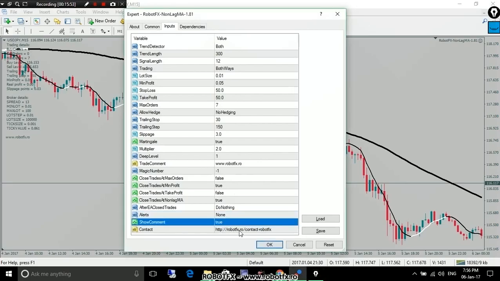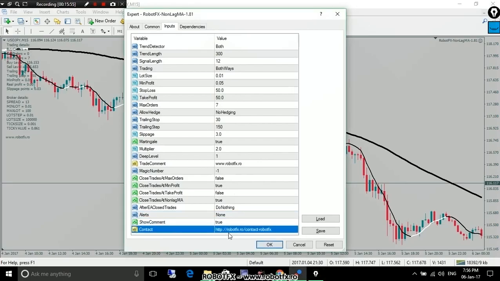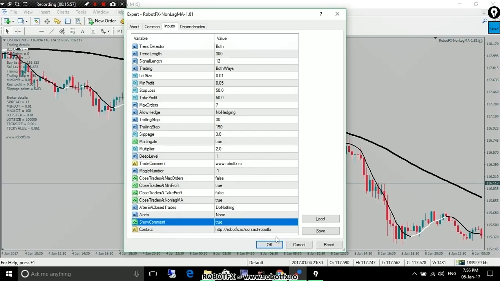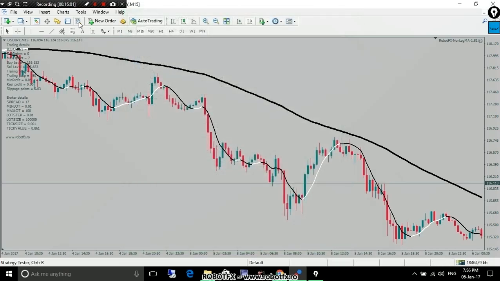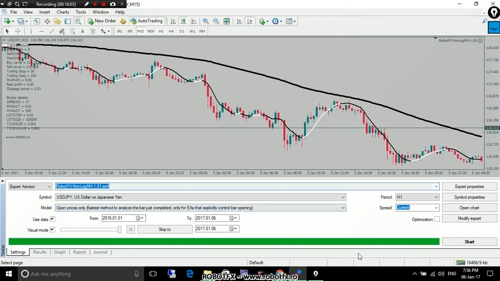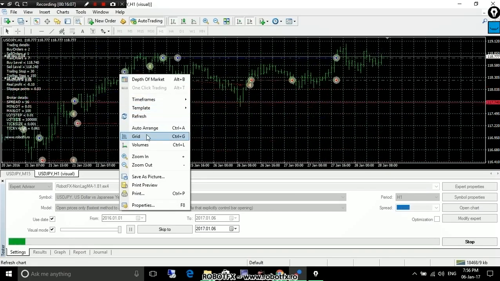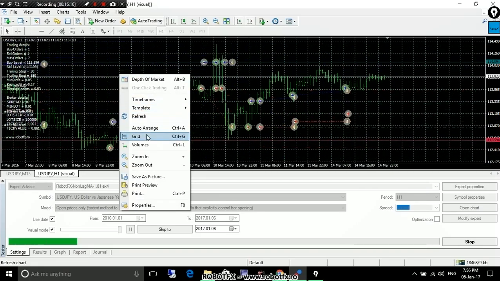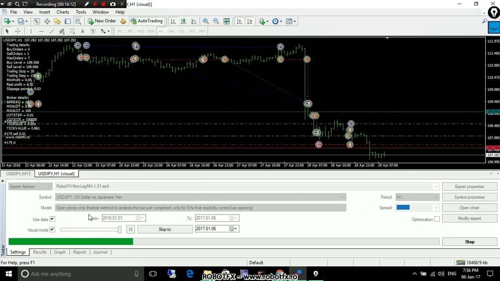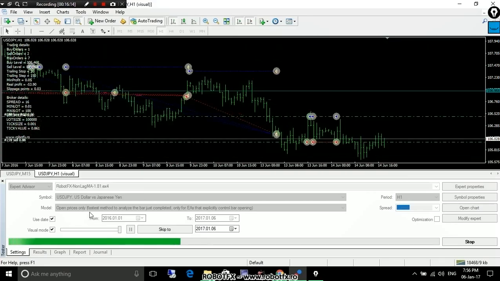What else? Well, that's not important. Our contact page. So only this for now. I will try to open it, but, oh yeah, I forgot to choose every tick. I'll let it finish now anyway.